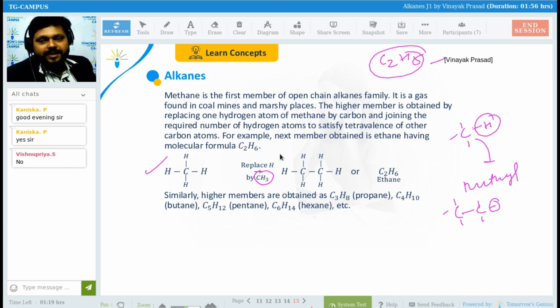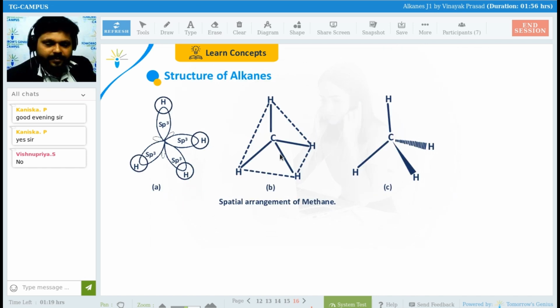So C2H5 is ethyl. Yes or no? So there can be ethyl, propyl, butyl, pentyl, hexyl. These work as substituents in the carbon chain. Is it okay, everyone?